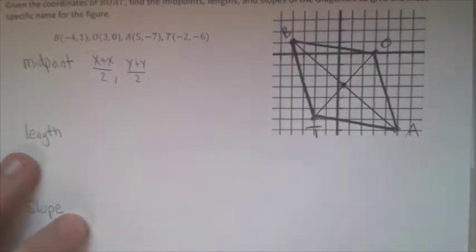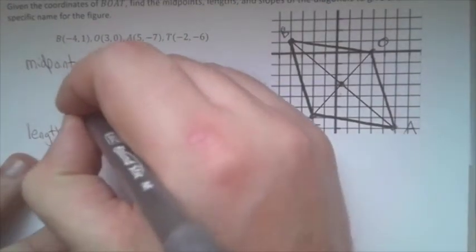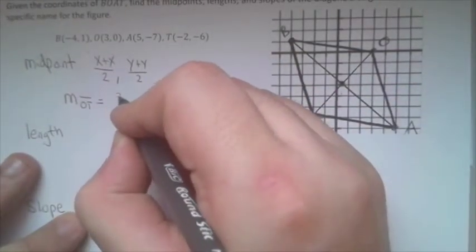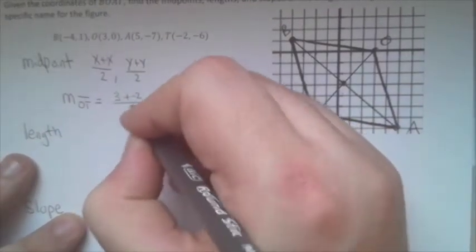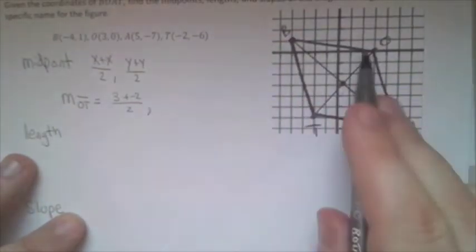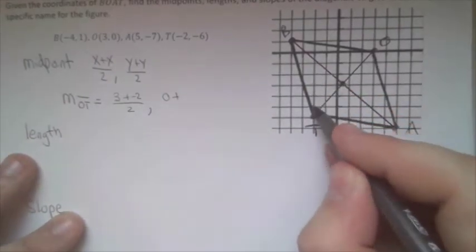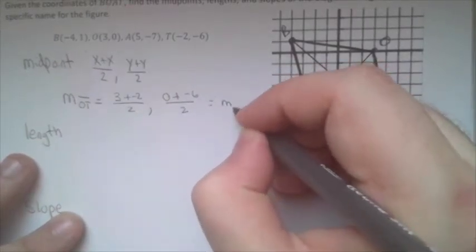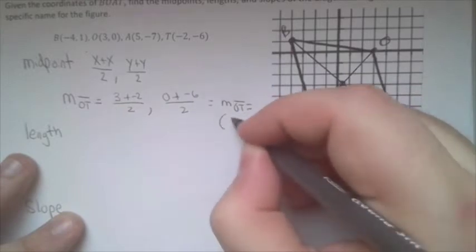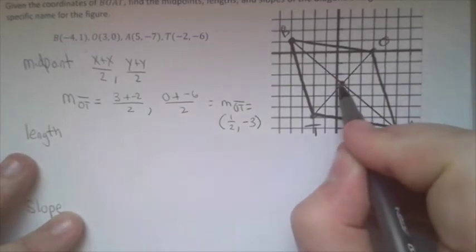So if we find the midpoint of OT, it would be 3 plus negative 2 divided by 2, comma, and then the y values, 0 plus negative 6 divided by 2, and we get the midpoint of OT is 1/2, comma, negative 3, which is exactly what we would expect it to be.